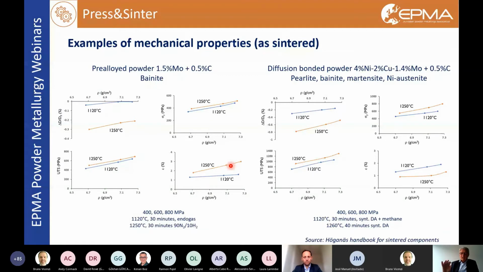I want to comment on this last number, just to say that even if the tensile elongation is not so high, in comparison, for instance, to the tensile elongation of forged steel with a similar strength, in that case it could be 6, 7, 8%, it doesn't mean that the material has a brittle behavior.